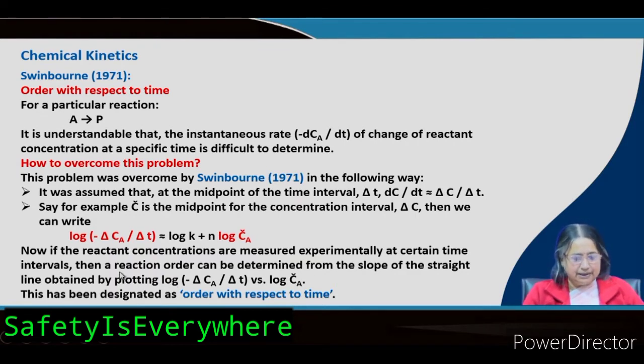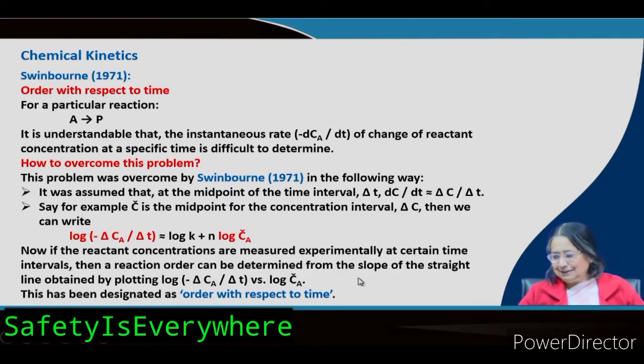The reaction order can be determined from the slope of the straight line obtained by plotting log of delta CA by delta t versus log CA average. After plotting this versus this, you will get the order of the reaction. And this order, he said, is the order with respect to time.